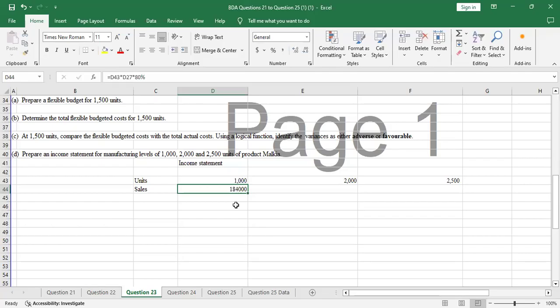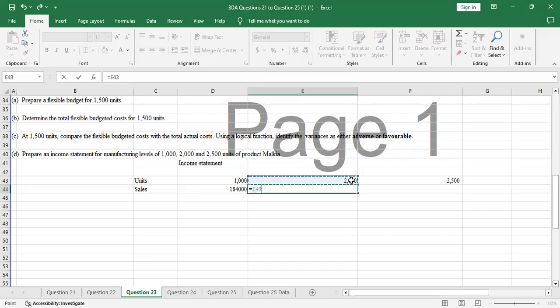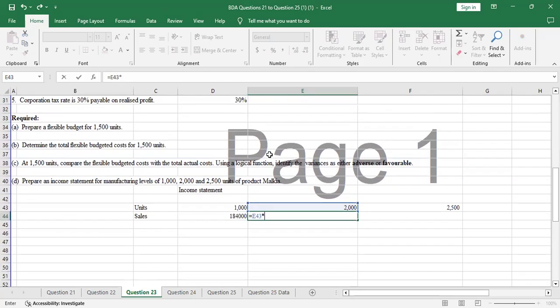Because the selling price is constant and 80% is also constant, it would be easy if I lock them, but let me see if I drag whether it will give me the values. No, it won't, so I'll have to lock. Let me just pick 2,000, because 80% is not in a cell, so I want to be able to lock it.